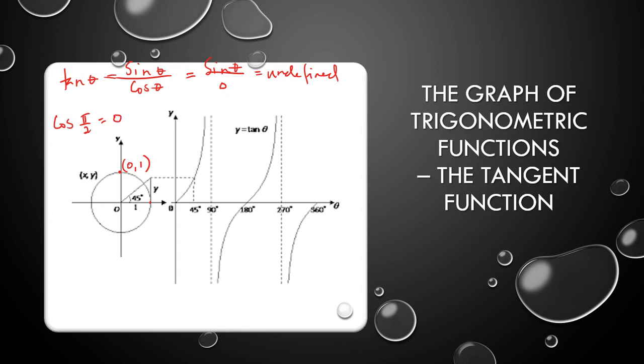So when it is cosine 90 degrees, or pi over 2, or cosine 270, then we know that it is undefined. We have the asymptote, as you can see. It's very near 270, but it doesn't reach it. It is undefined, infinite there.